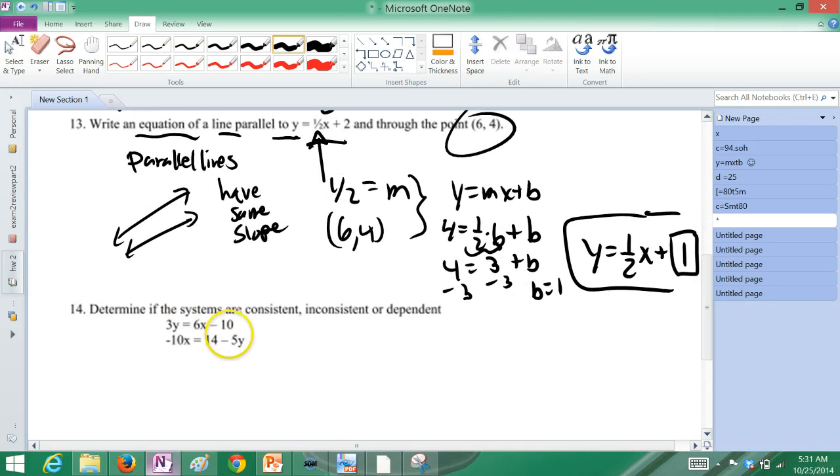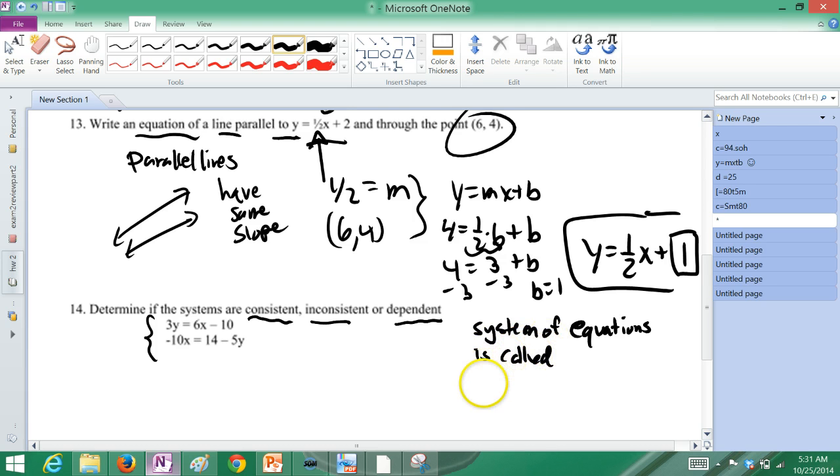This switches gears and talks about a system of equations, two lines basically, and we're asked: is it consistent, is it inconsistent, or is it dependent? Okay, let me just describe what those words mean. A system of equations is called consistent if there is a solution.